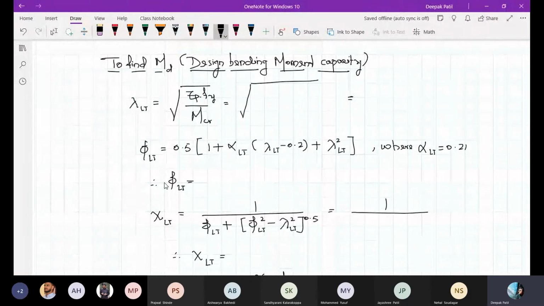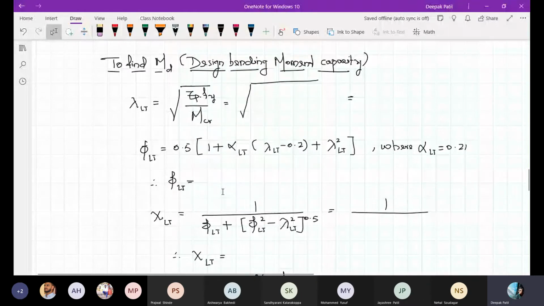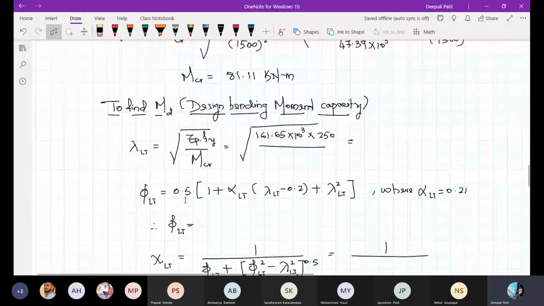The ISMB 175 has a plastic section modulus of 161.65 into 10 raised to 3, which I have to write down here, multiplied by the yield strength of the material, 250, divided by the elastic critical moment which we have calculated, 81.11.